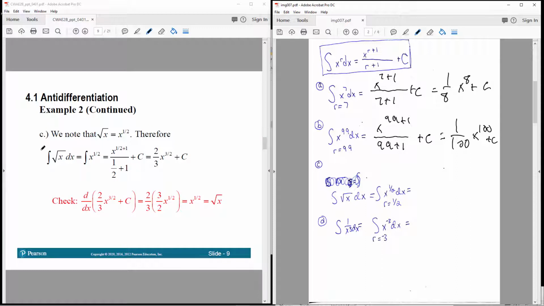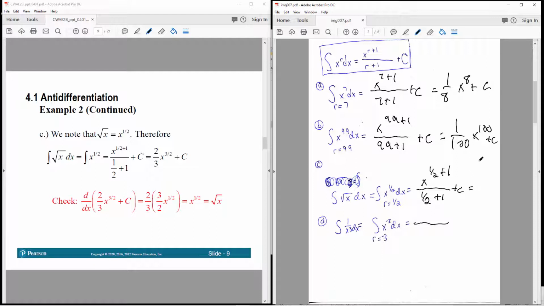And for c here we have a square root. In this case we have x raised to an exponent that's not 1. So what I have here is x to the 1/2 plus 1, and down here I'm going to have 1/2 plus 1, plus c.